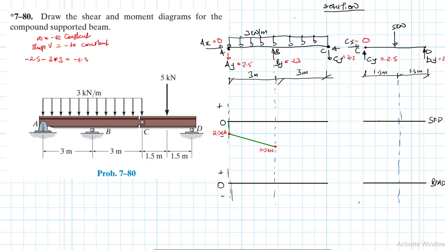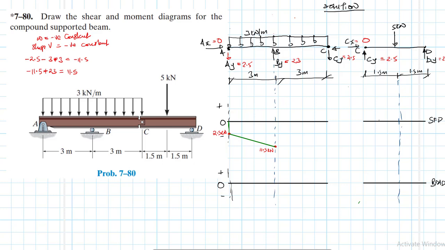Then at B, immediately at B, we have a counter shear force, which is positive, which is going to further increase this from minus 11 to a value that will be positive. So minus 11.5 plus 23 gives us 11.5.